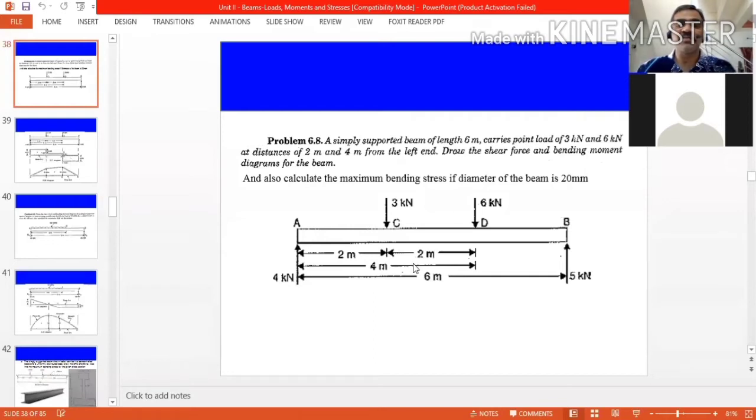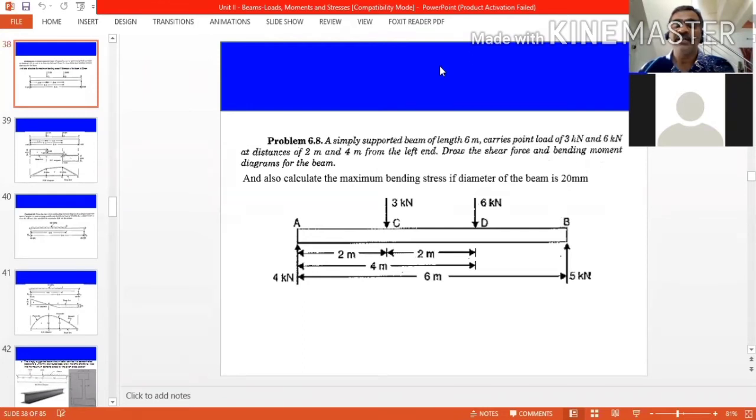Similarly, the point where maximum shear force is acting can be predicted only by drawing the shear force diagram. So even though we can predict it in a cantilever beam, we followed the same procedure to find the maximum shear force and maximum bending moment.